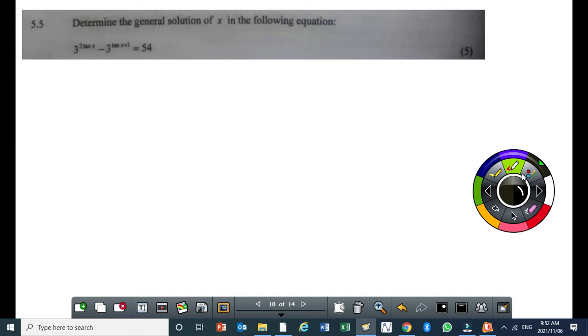So you're given 3 to the power of 2 tan x, minus 3 to the power of tan x minus 1, or rather, it's a plus 1, is equal to 54.